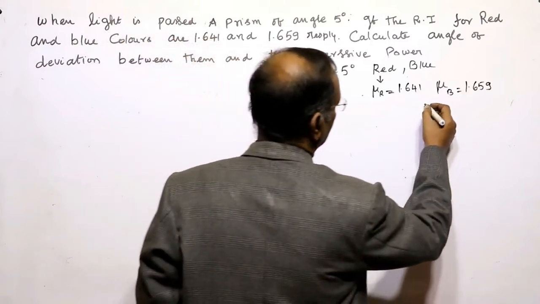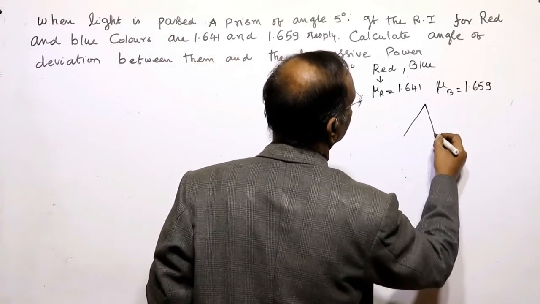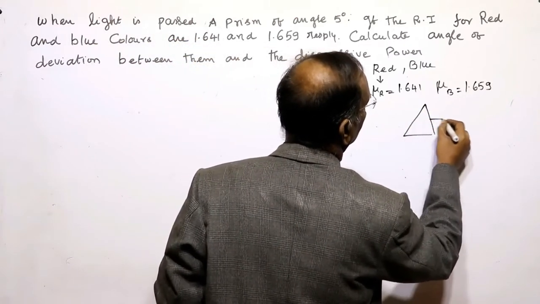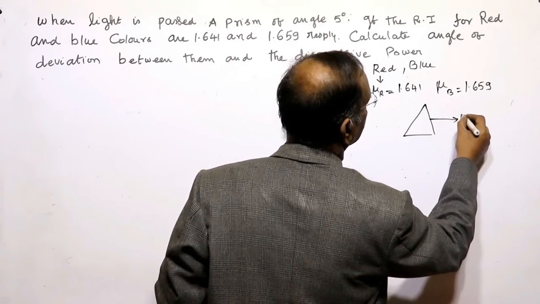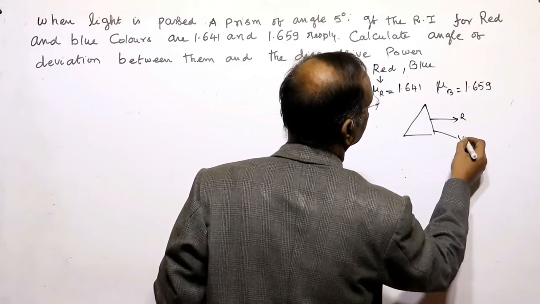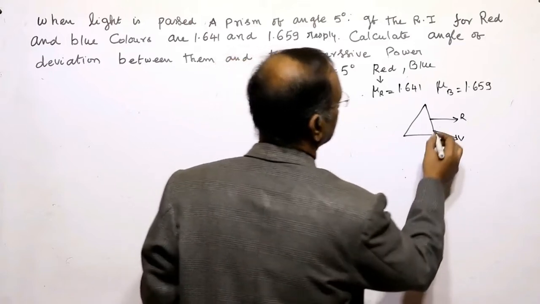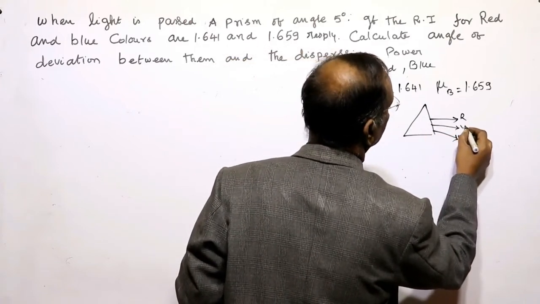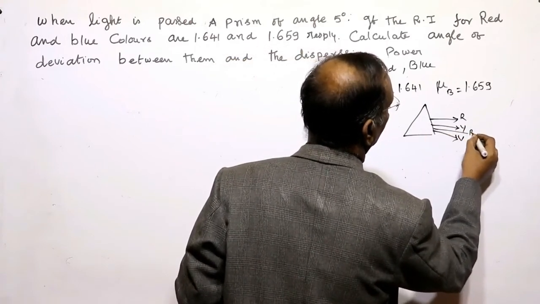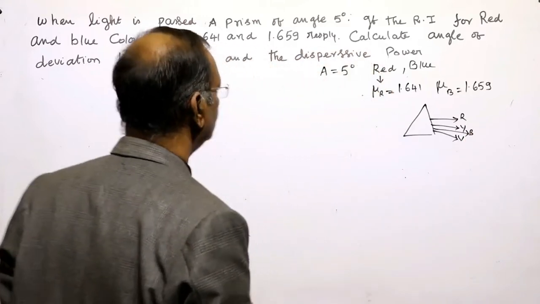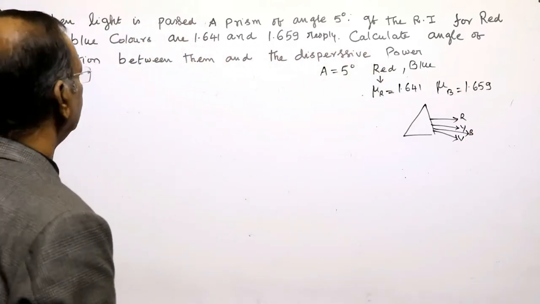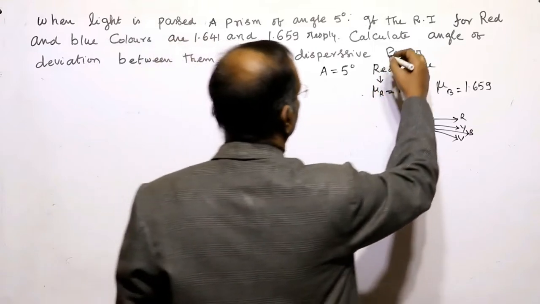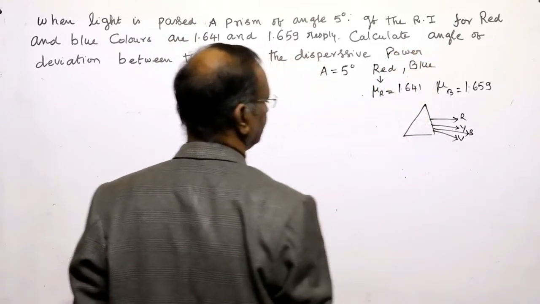When passing through the prism, we get four colors. The first color is red, the last color is violet, then yellow, then blue. Here he is asking for the dispersive power and the angle of deviation.